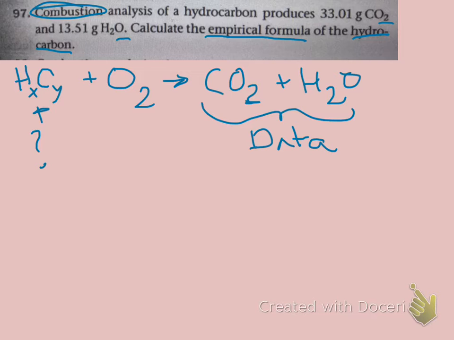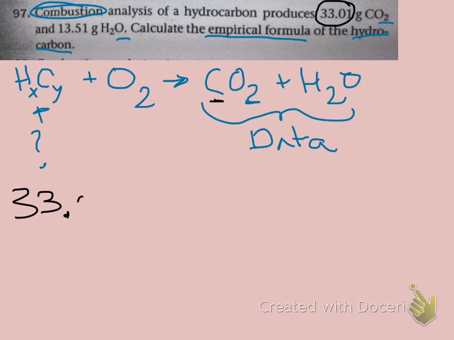So the first thing we need to do is notice that the 33.01 grams of carbon dioxide is the only spot where carbon comes in our reaction. So all of our carbon must be contained in the 33.01 grams. So let's figure out how much carbon we have.